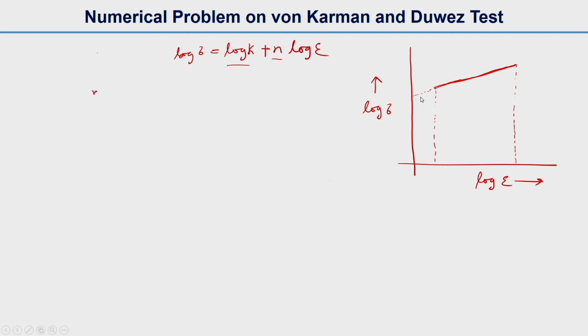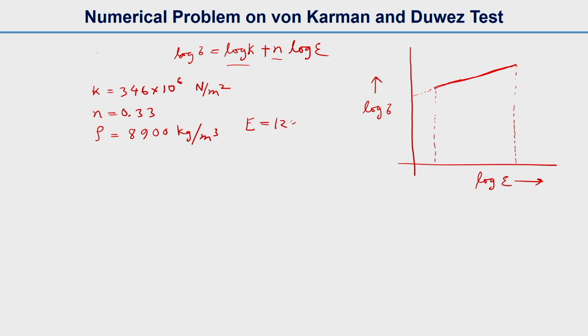These properties are: the k value is 346 times 10 to the power 6 Newton per meter square, the hardening exponent n is 0.33, and the density of copper is 8900 kg per meter cube, and Young's modulus of copper is 129.7 gigapascal.